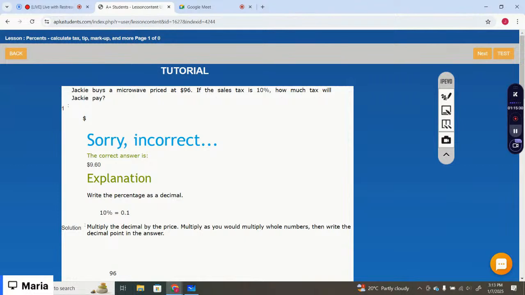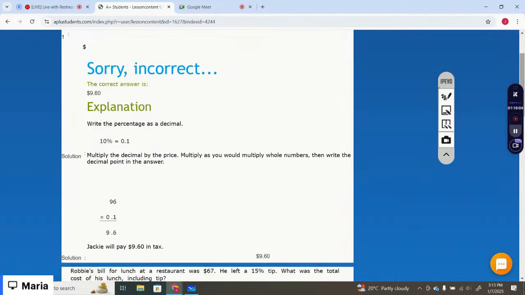Jackie buys a microwave priced at $96. If the sales tax is 10%, how much tax will Jackie pay? The price of the microwave is $96, right?